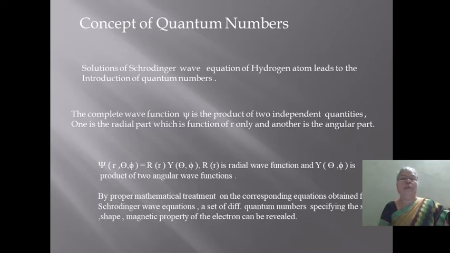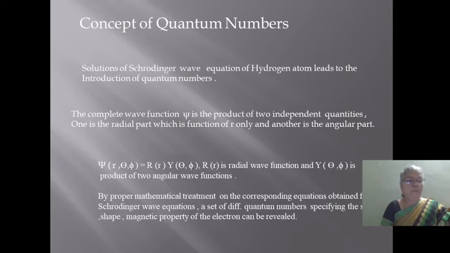The Schrödinger wave equation of the hydrogen atom has many solutions, and that leads to the introduction of quantum numbers.